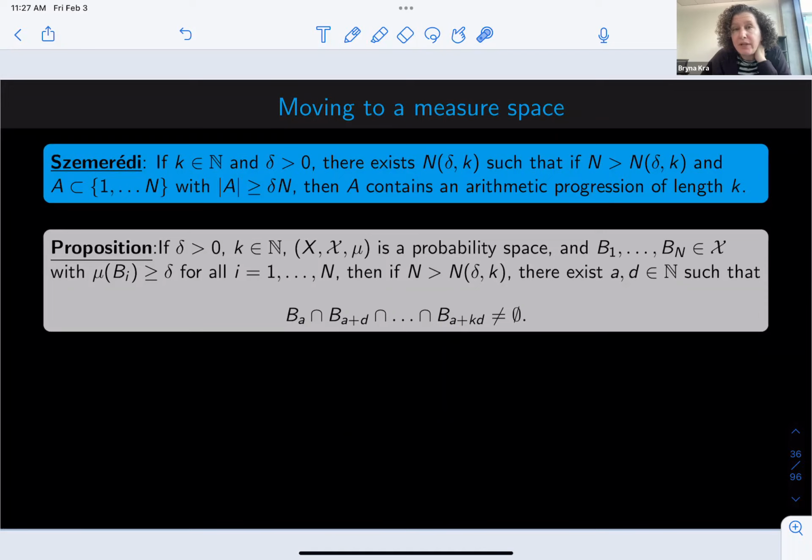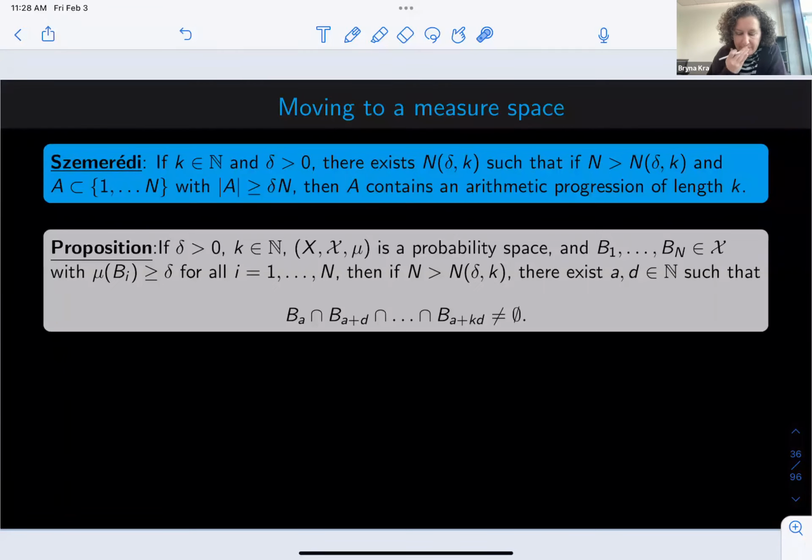And really the real interest is going to be in sparse ones where, for example, upper Banach density might be positive and the natural density might be 0. Okay, great. Thank you. That's where things get more interesting. But for the purposes of understanding the proofs, think of natural density if you want. It won't make any difference at this point. Yeah, thanks. Please interrupt, because I can't see the chat if you're putting something in there.